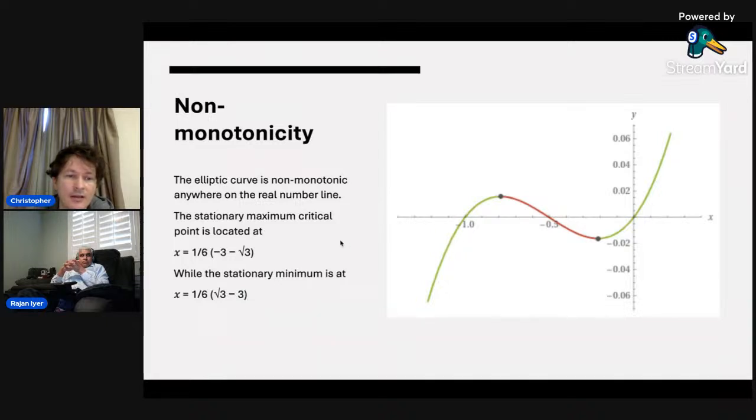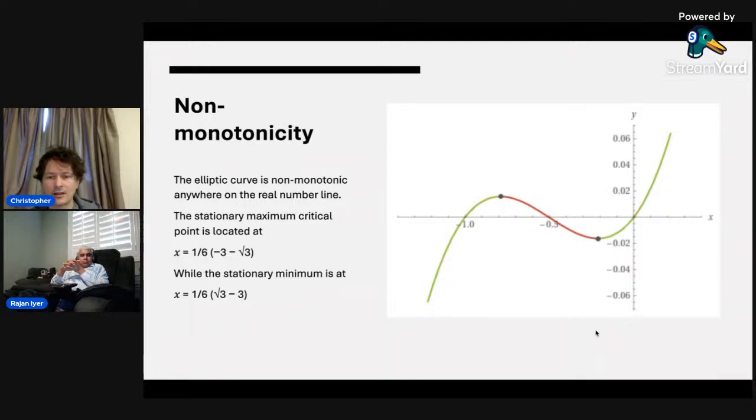It has a stationary maximum critical point here, and a stationary minimum here. So unfortunately, we cannot take the Legendre transform of this curve. But there might be other ways to do it.